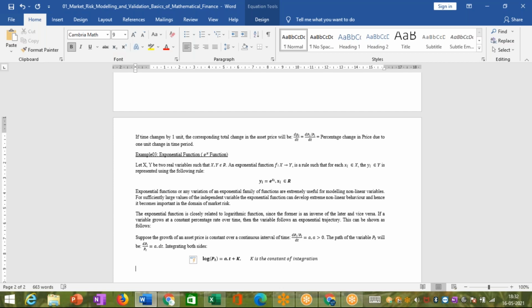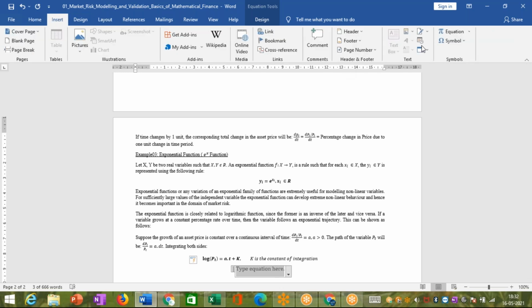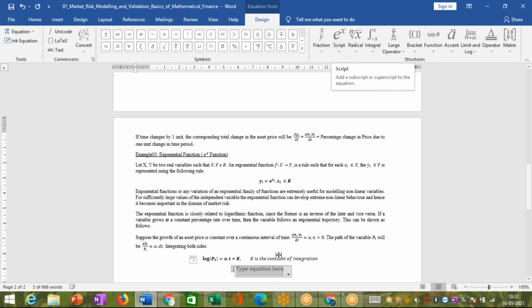Now to reach the path of PT, so over here PT becomes e to the power of at times e to the power of k.